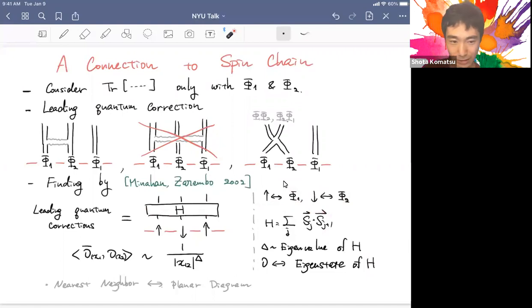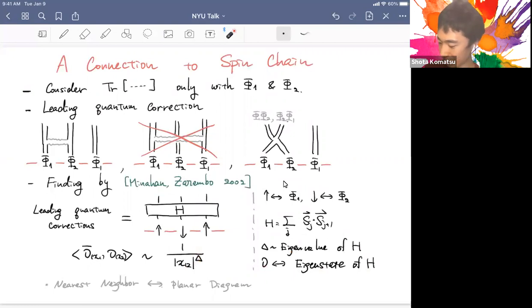And what is nice about this mapping to the spin chain is that under this mapping, the eigenvalue of the Hamiltonian basically governs the long distance behavior of the two-point function of the operator. And the operator basically corresponds to the eigenstates of this Hamiltonian.